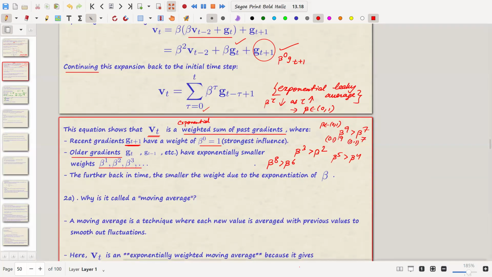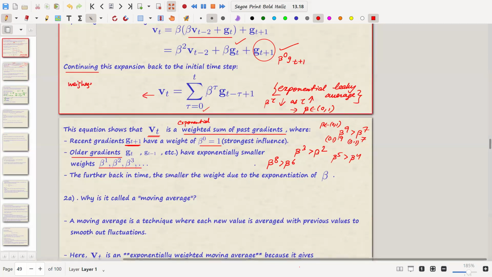So what you understood from this? Weightage 1 is given to Gt plus 1, and exponentially smaller weights are given to past gradients.